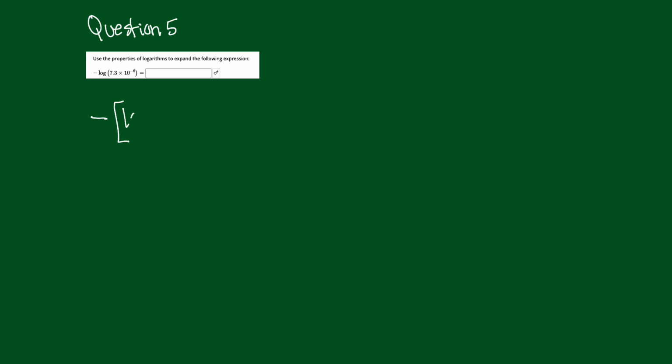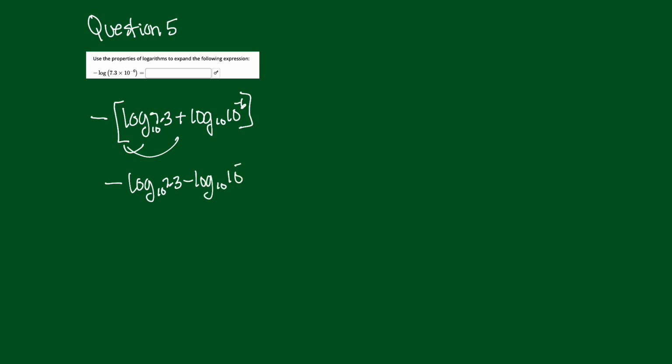So this is going to be the log, I'm going to write base 10s here, of 7.3 plus the log base 10 of 10 to the negative 6. So let's distribute that negative sign first. We'll get negative the log base 10 of 7.3 minus the log base 10 of 10 to the negative 6. Let's just look at this part right here.